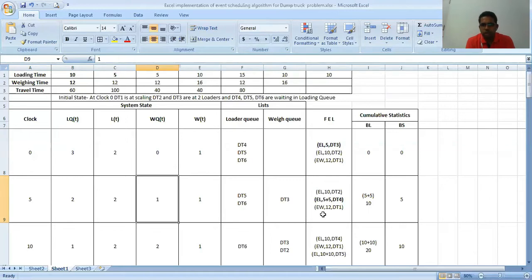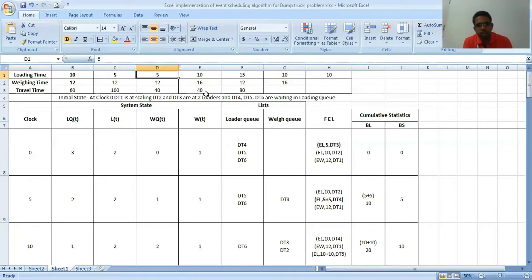And based on this, again we are setting the events in chronological order. Therefore, EL, 10, dt2; EL, 5 plus 5, dt4, which becomes EL, 10, dt4; and EW, 12, dt1, representing dt1's work will complete after 12 clock times. This 5 plus 5 means the first 5 is the clock time, and the next 5 is given to dt4 as the value.